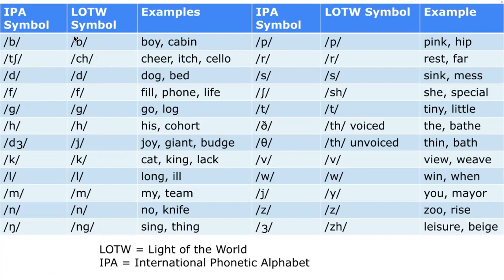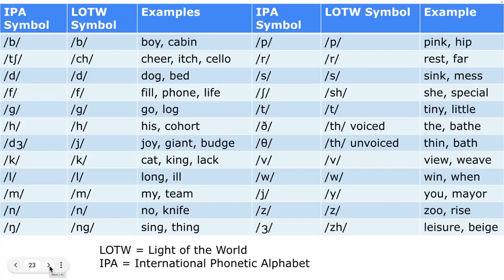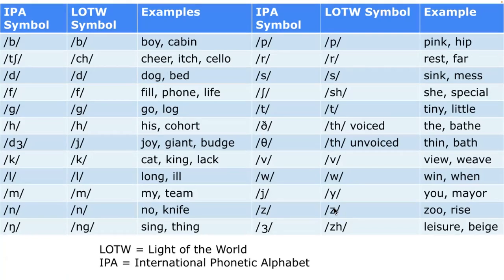Whenever you see a letter between these two slashes, that means that we're talking about the pronunciation of the sound, not the actual letters. So, for example, the Z sound, when you see it between these two slashes, that's talking about the Z pronunciation, but it may be spelled, and often is spelled, with an S. So this has to do with pronunciation, not spelling.